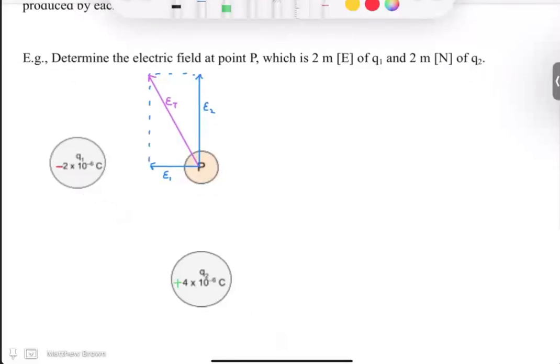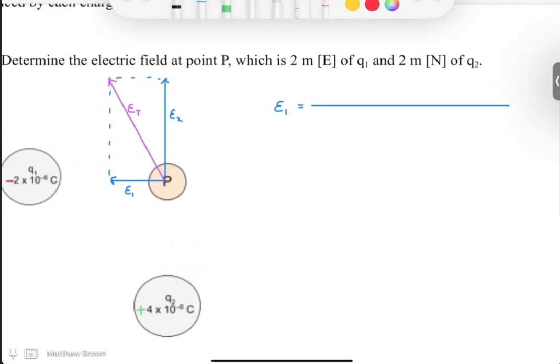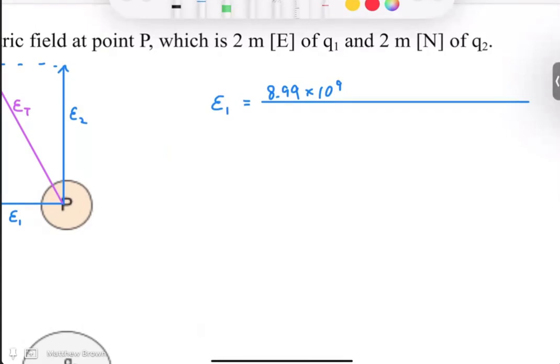Right. So we can figure out each of these individually. E of 1 would be because of charge 1, so we get Coulomb's constant, which we're probably just starting to memorize, 8.99 times 10 to the 9, times the charge. It would be a negative here, but I'll just put in the number because we know what direction it's actually going to go.